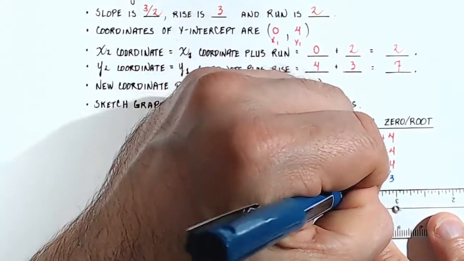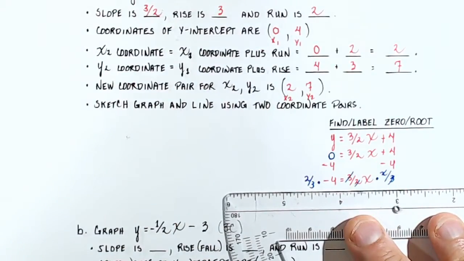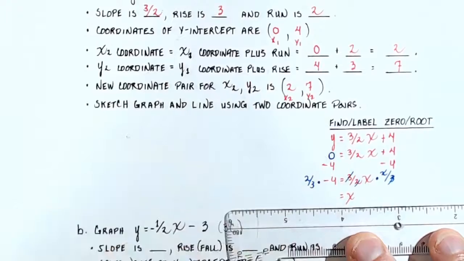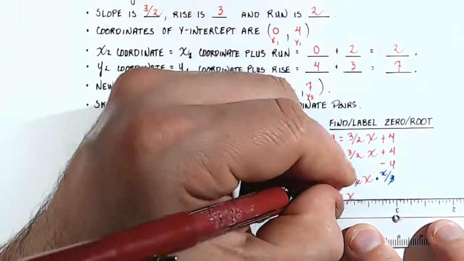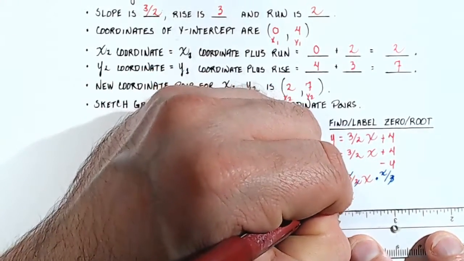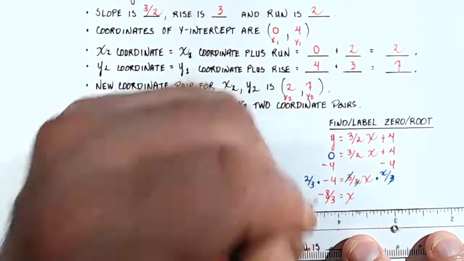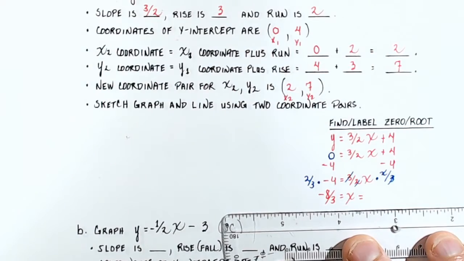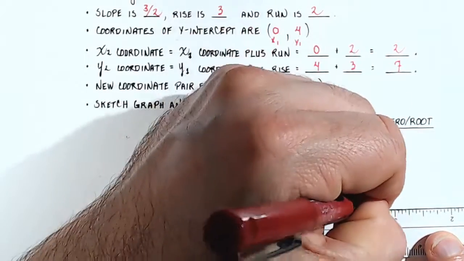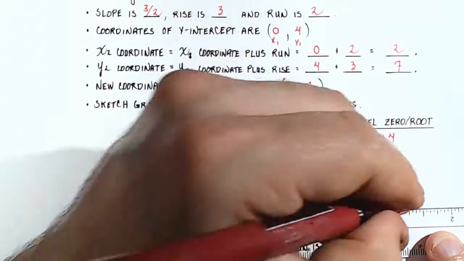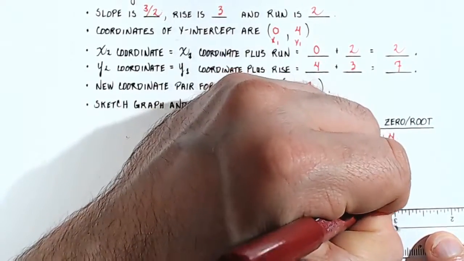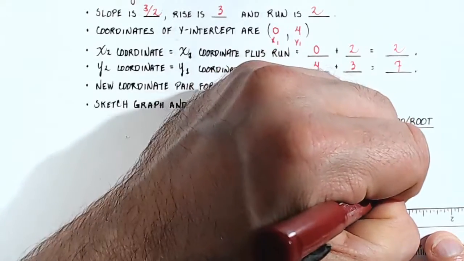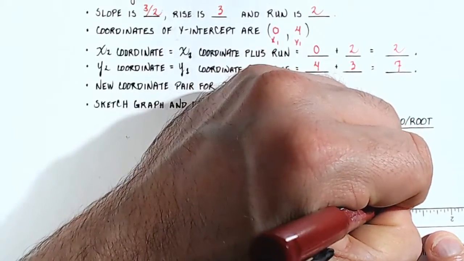On the right side, that allows me to cancel out all the numbers, and I just have x by itself. x equals 2 times negative 4 is negative 8 over 3. Okay, now that is the x-intercept, but it's not very helpful to us. We need a decimal. So first we'll convert to mixed form. 3 goes into 8 2 times, so negative 2 and 2/3, because there's 2 as a remainder.